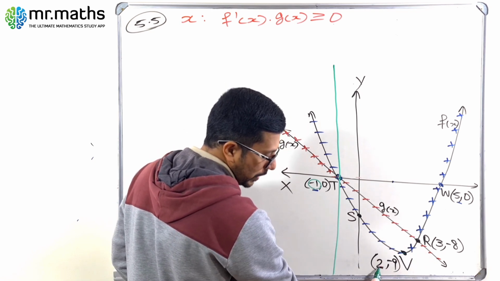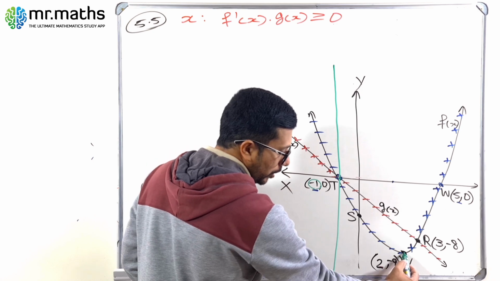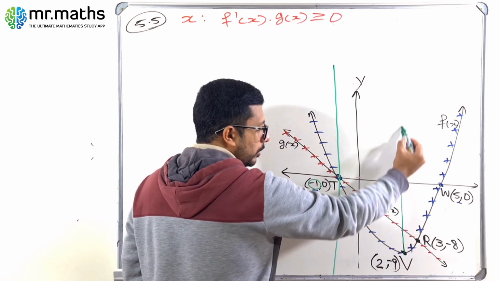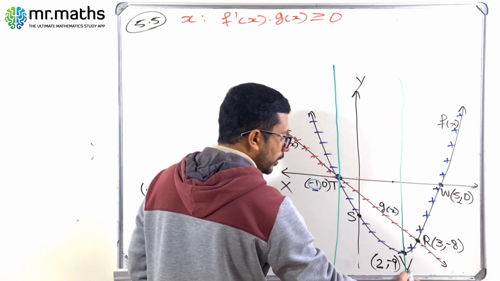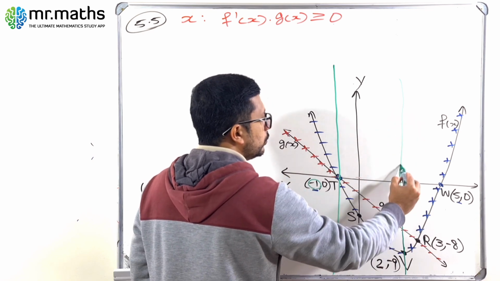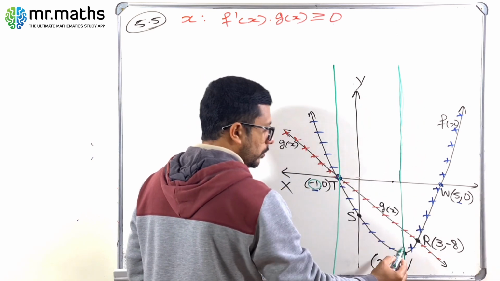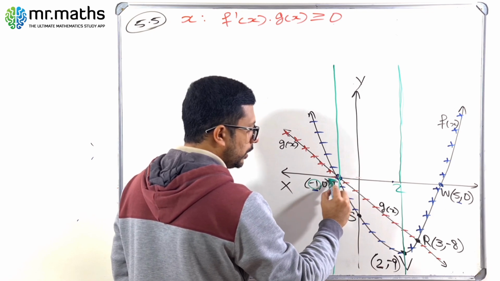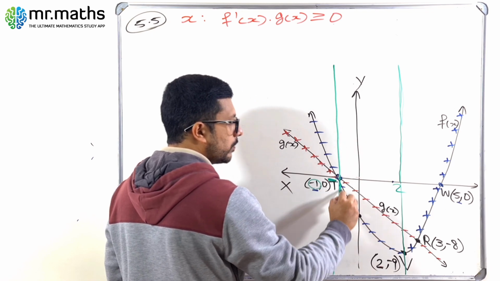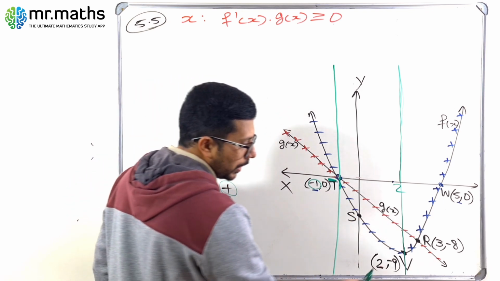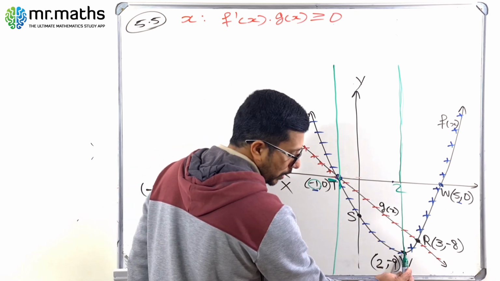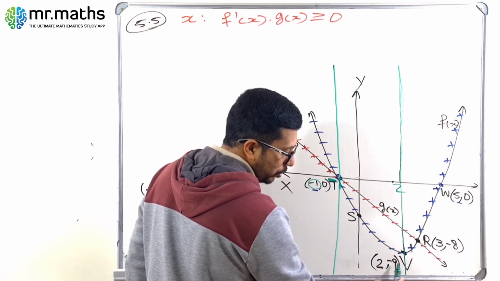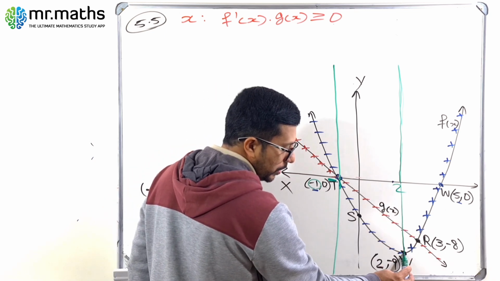At this point, what is the x value? 2. Now let me draw a line like this. Up to this x value, it is 2, and here the x value is -1. So after this 2, here the x value is 2.